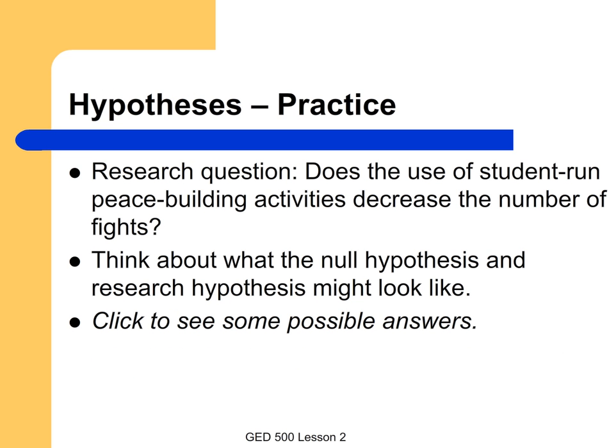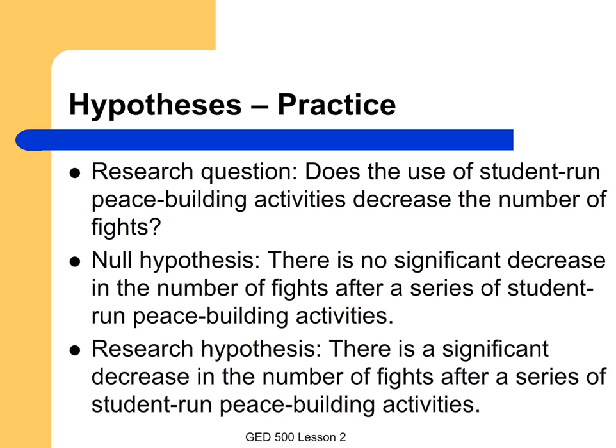Here's the research question. Does the use of student-run peace-building activities decrease the number of fights? Now think about what the null hypothesis and research hypothesis might look like for this particular question.